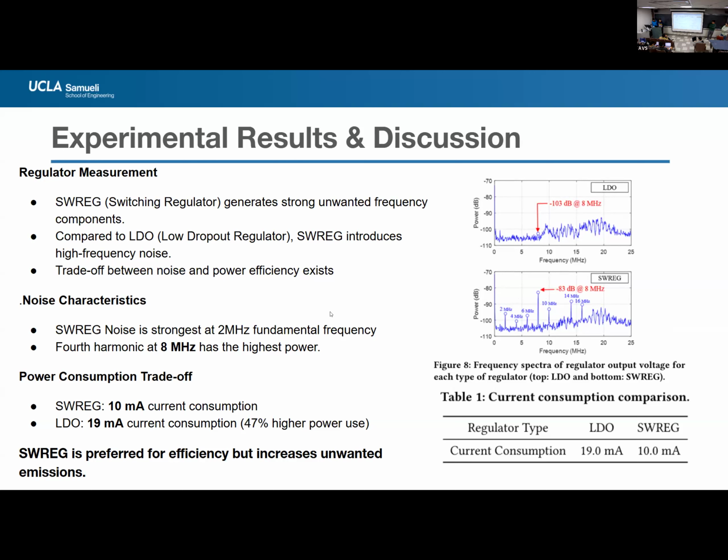So in terms of noise, the switching regulator is not doing very well, but in terms of power consumption, the LDO is consuming twice as much power as the switching regulator. So the switching regulator is more efficient than the LDO, but in terms of noise, it's not very good.